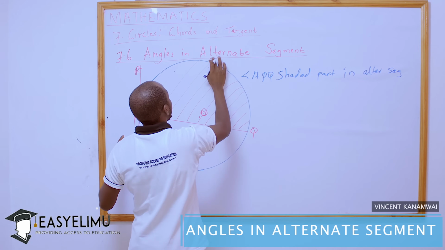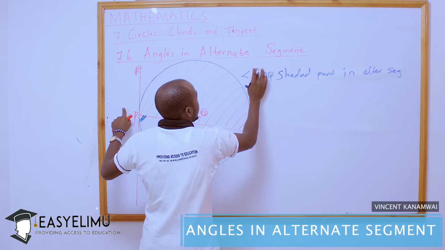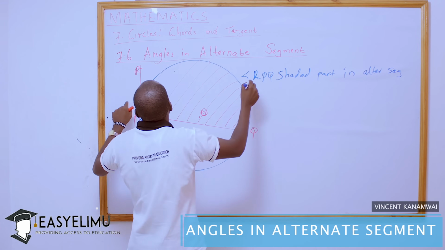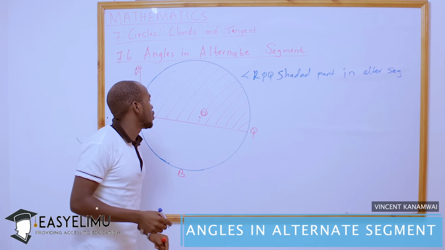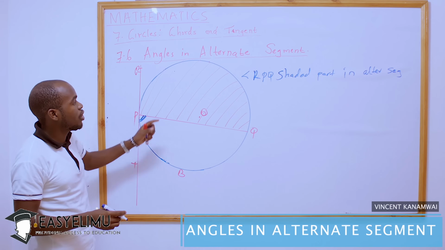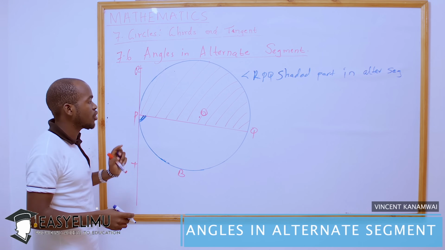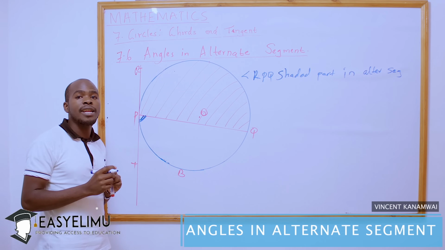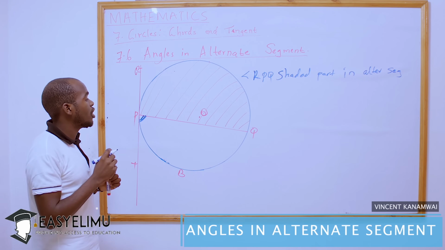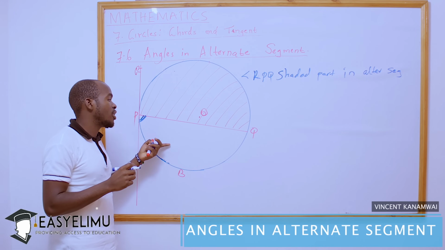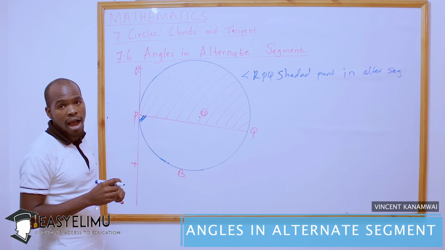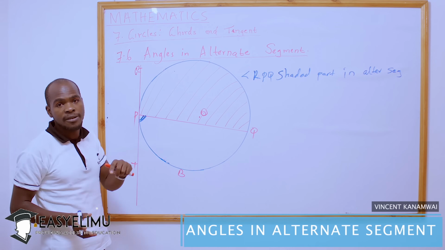This one should be not A but RPQ. RPQ is an angle in the alternate segment with angle QPT. So the angle in the shaded region is in the alternate segment with that of the unshaded region down here, and the two go vice versa.